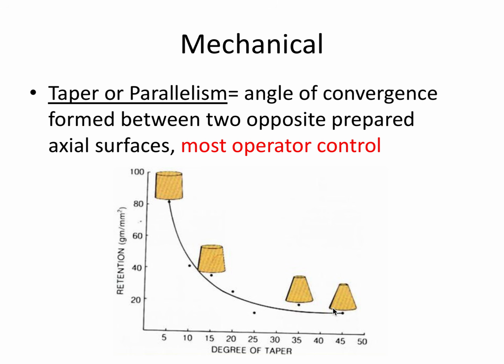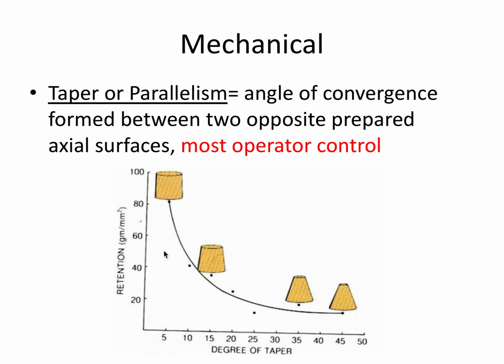This one has a whole lot of taper, and it looks more conical. For the board exam, this is going to be a board's question. The property that we have the most operator control of is the taper, or the parallelism. That's the feature most under operator control.